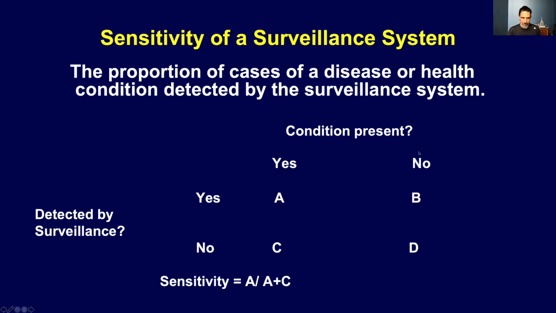So you can see here we have on this axis the condition present, yes or no, and whether or not it's detected by surveillance. You can think of the sensitivity of the surveillance system as the proportion of all cases that are occurring, which would be A plus C, that are detected by the surveillance system, which is A.